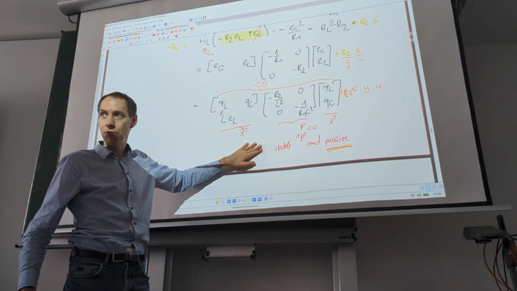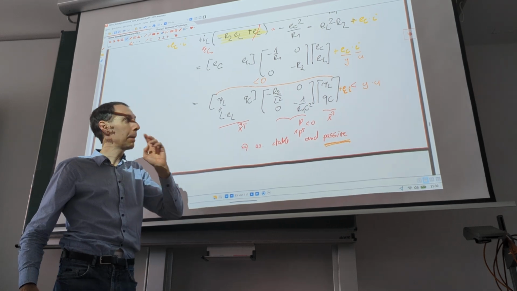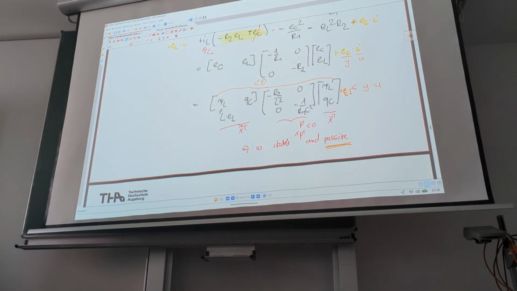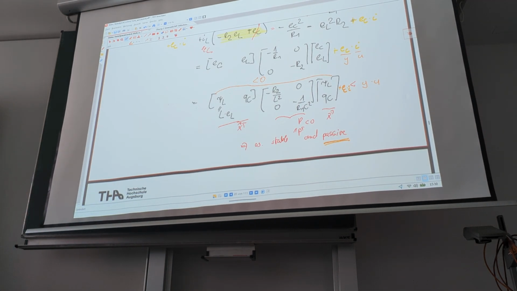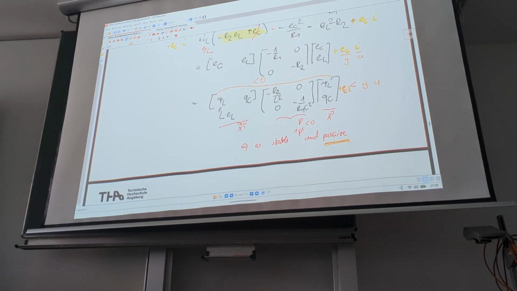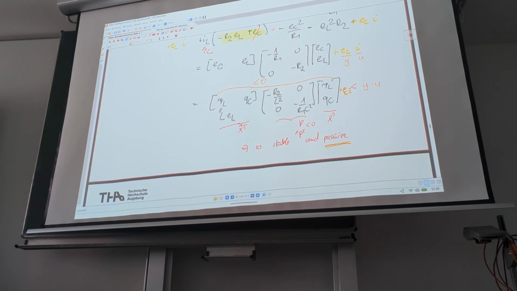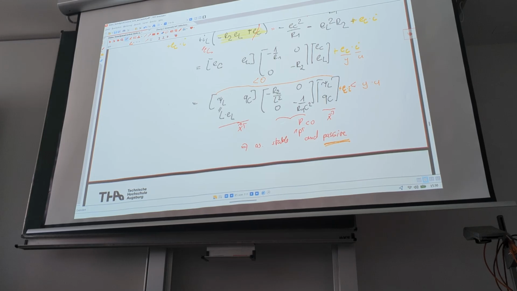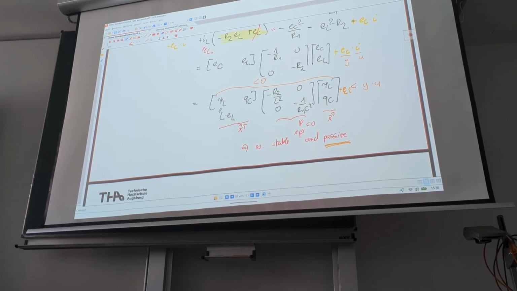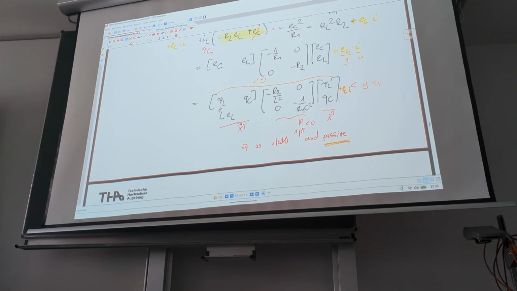It need not be asymptotically stable. For asymptotic stability, we need a little bit more. And vice versa, if the system is asymptotically stable, it also has to be passive, because otherwise it could generate energy and this would just blow up.